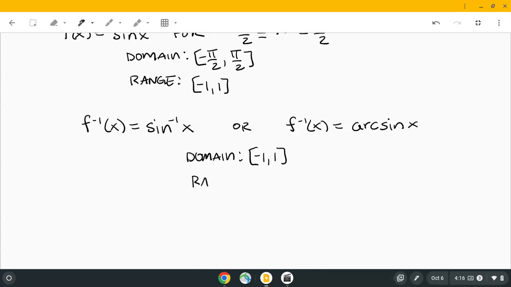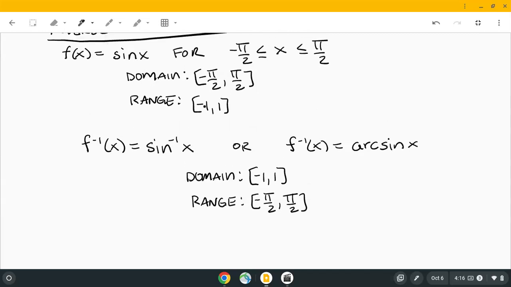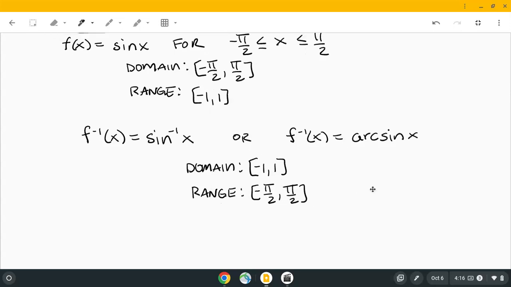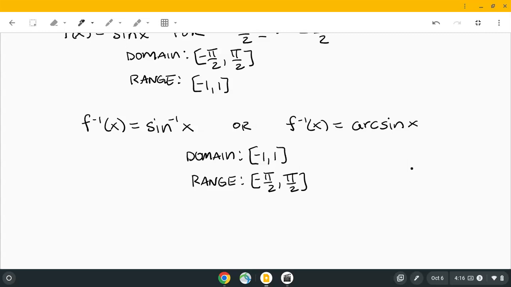And then our range will be from negative pi over 2 to pi over 2. These are our y values. These are our results. When we plug something in up here, our result will be a number from negative 1 to 1. If I plug something in here, our result will be an angle that's between negative pi over 2 and pi over 2. Okay, so that's what this means.